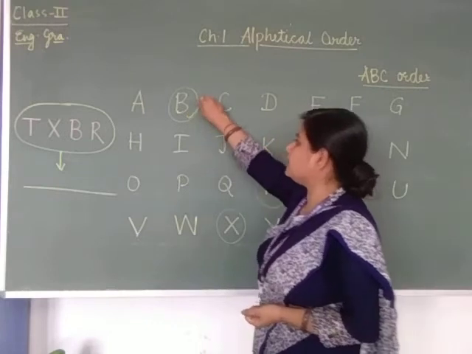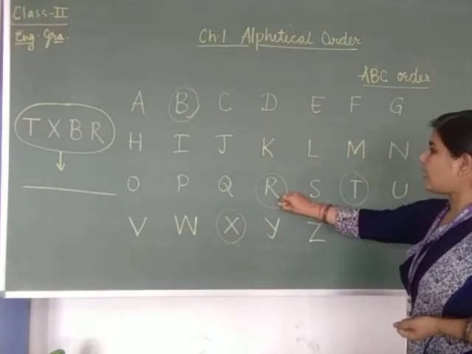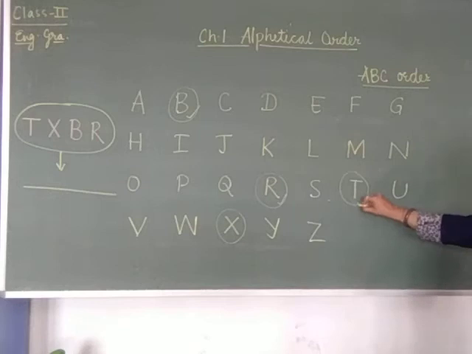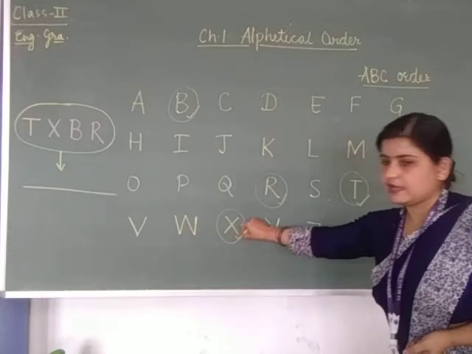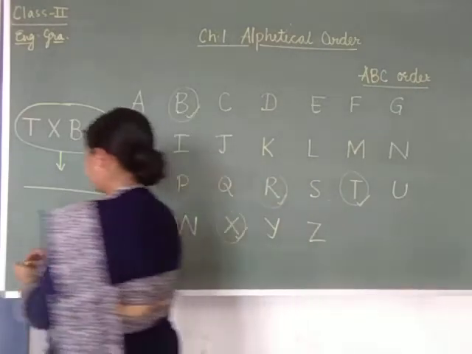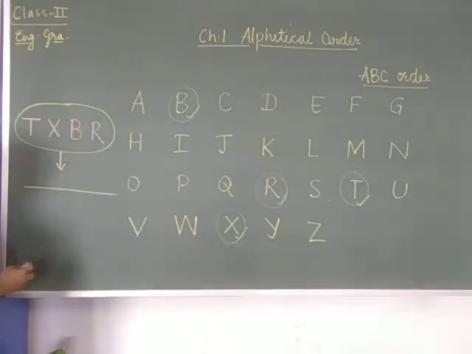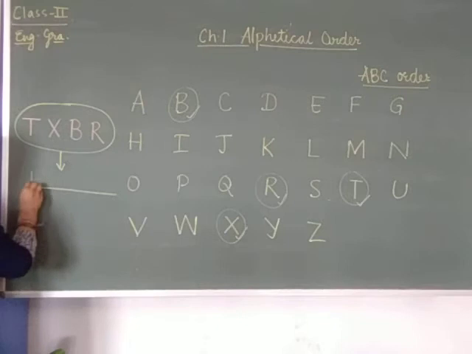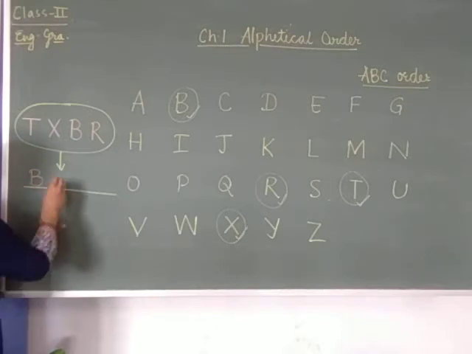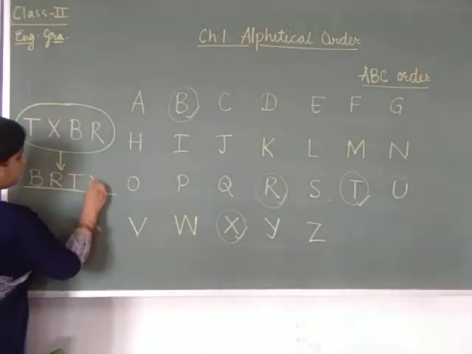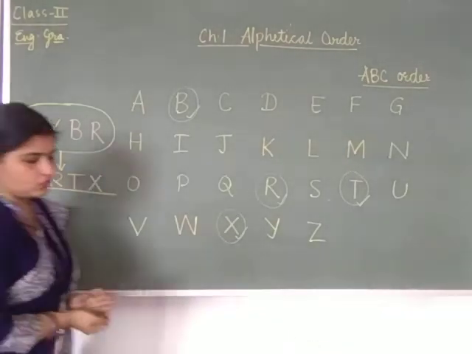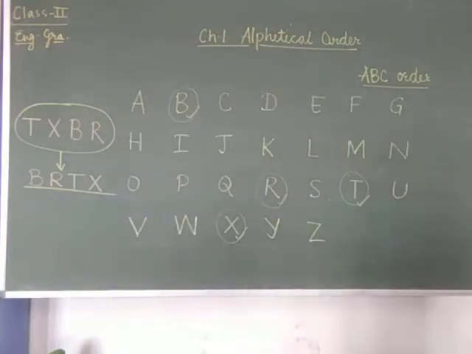Yes, it will be B, then R, then T, then X. So if I am going to write it in an alphabetical order, it will be B, R, T, X. So the four chosen letters T, X, B, R in an alphabetical order become B, R, T, X.